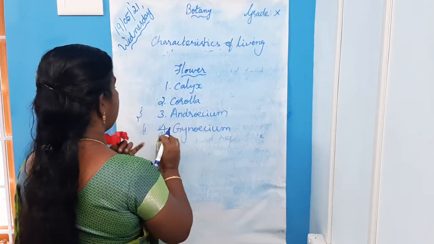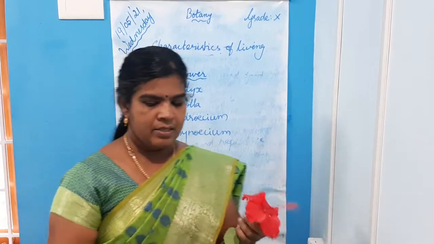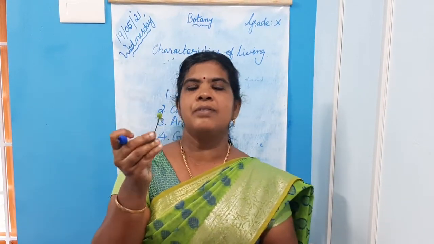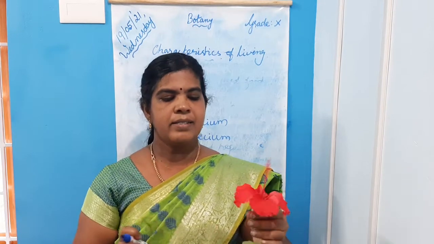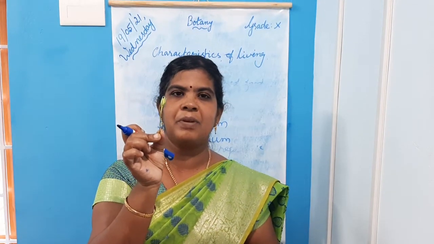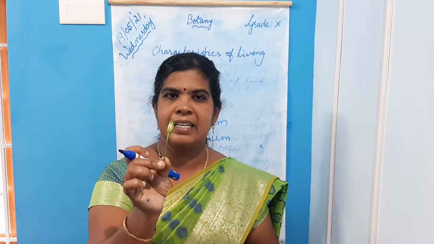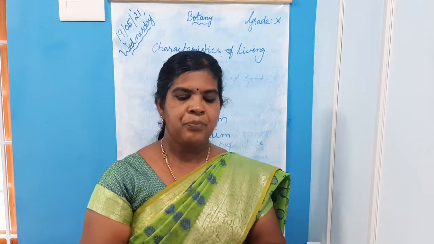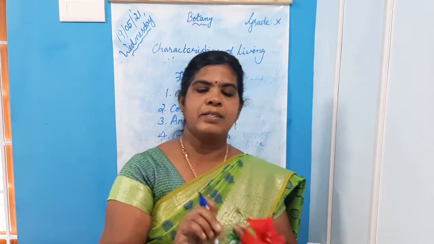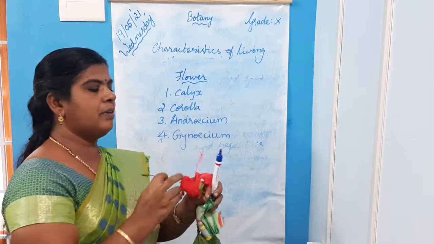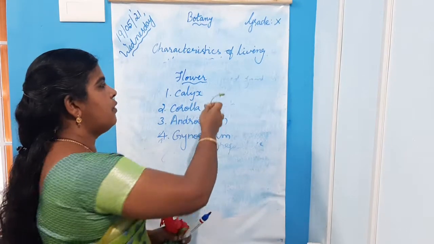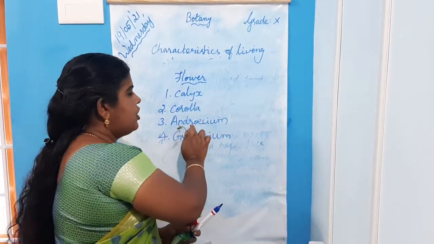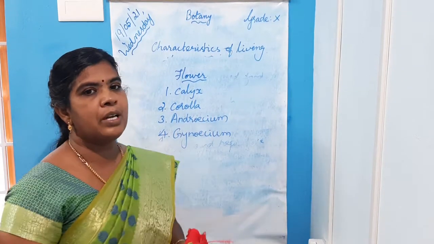Now this calyx is the outermost whorl of the flower, which is green in color, and it protects the flower when it is a bud.